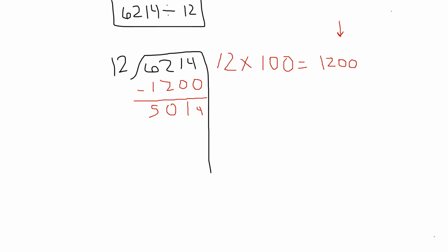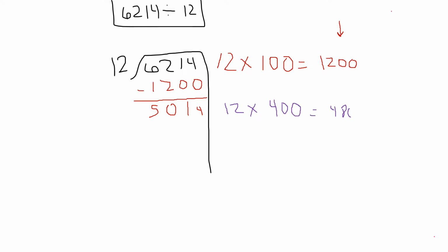So next, all we have to do is take what times 12 will get us as close to 5,014 as possible without going over. So we'll try 12 times 400, because we know that 12 times 100 is only 1,200, so we can go a little bit higher. So I could do 12 groups of 4 and then add my 2 zeros on, and that would give me 4,800.